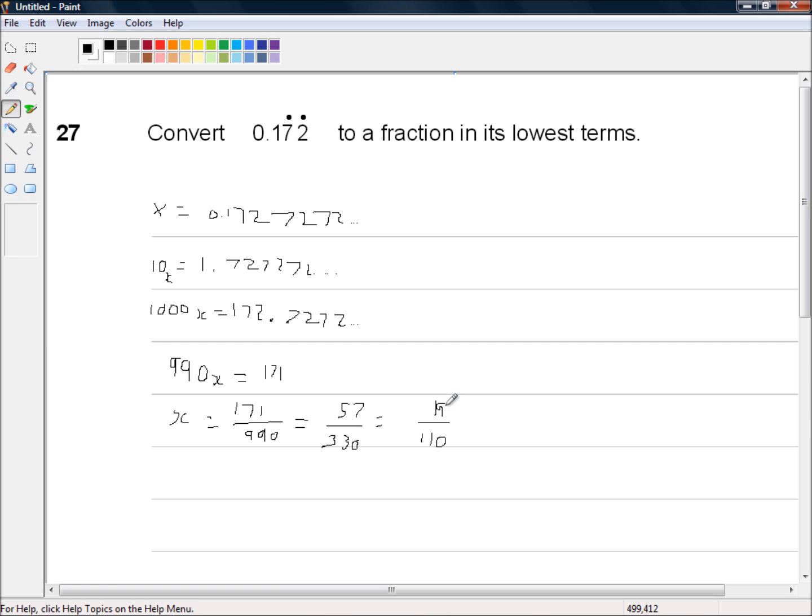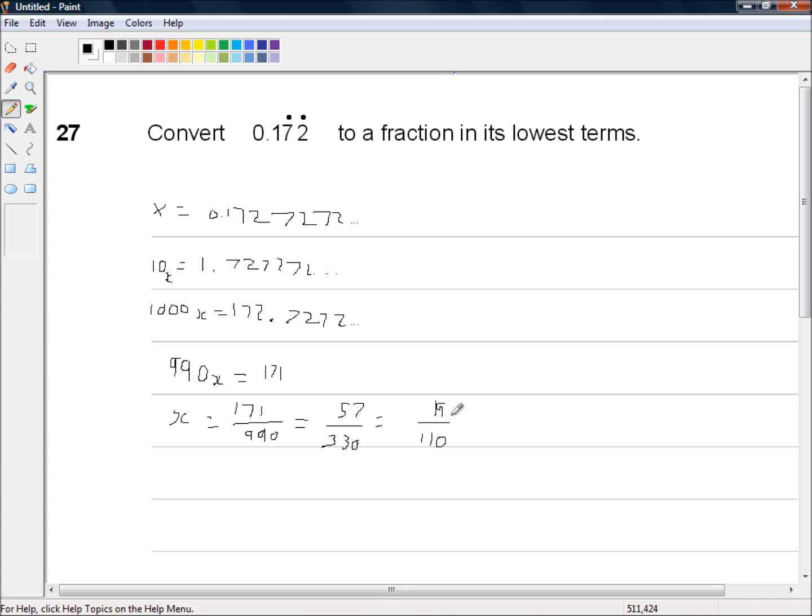Well, 19 is a prime number, so I know I can't find any more factors in 19 that will divide into 110. So the only question is, will 19 itself divide into 110? Right, well, 5 times 20 is 100, so 5 times 19 is too small. 6 times 19, well, 6 times 20 is 120, 120 minus 6 is 114, and 114 is bigger than 110, so 110 will not divide by 19.